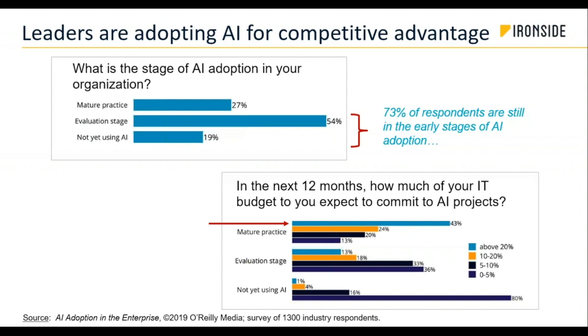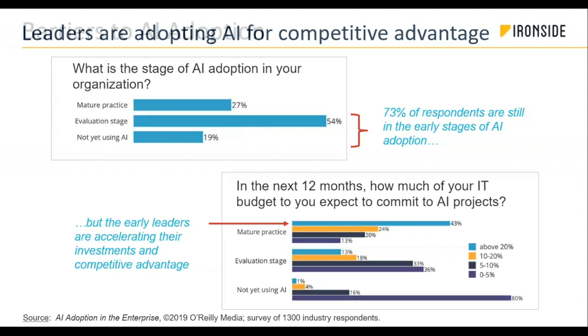So they've been delving into AI for competitive advantage. They found that it has really worked. And so those early leaders are accelerating their investments and their competitive advantage. Certainly everybody can think about where they fit on that level. But again, the important takeaway here is that for those that are already on the train, and the train is leaving the station, the pace is accelerating. So that means all of us need to get on board.